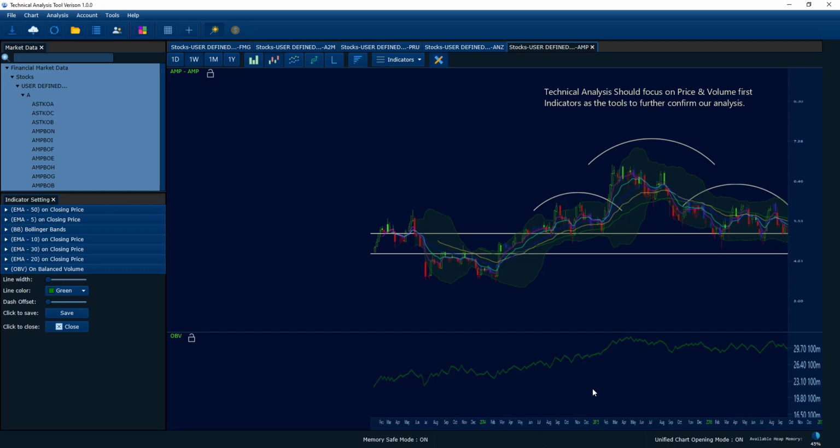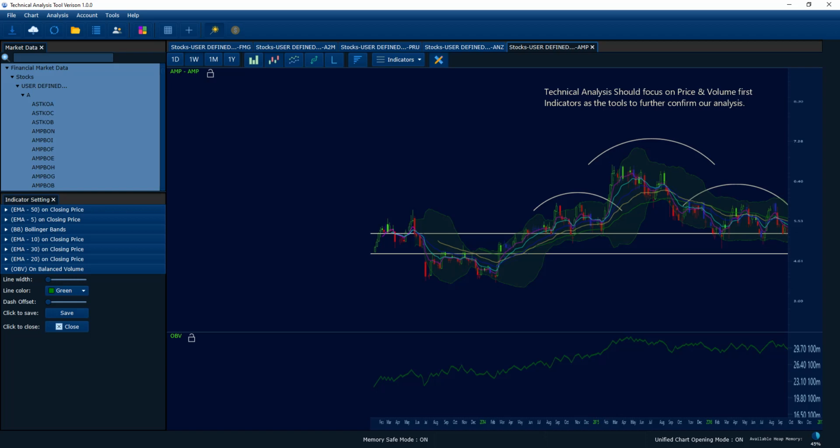All right, so the most common usage of this particular indicator is to use the divergence, comparing the divergence of the OBV with the price action to predict price action. So divergence is the first usage.